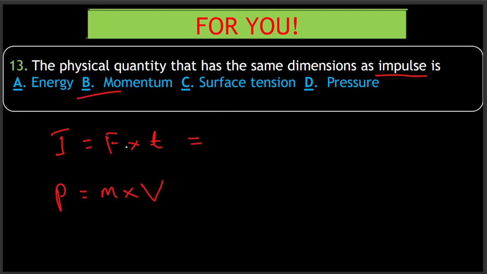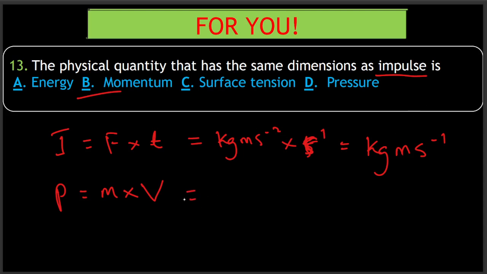So if we work this out, we will get that F is kilogram meters per second squared, you remember, times T, which is second, so that we now get kg meters per second. So this will cancel this second here.